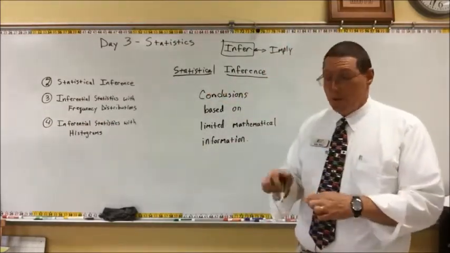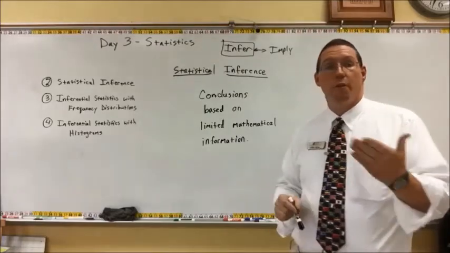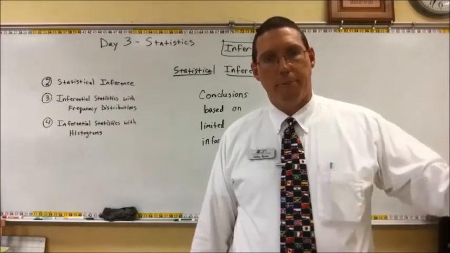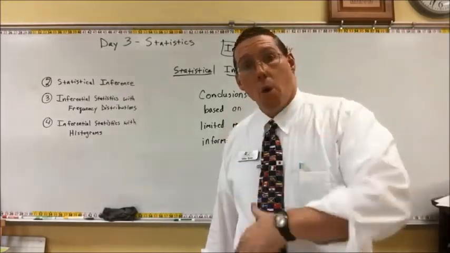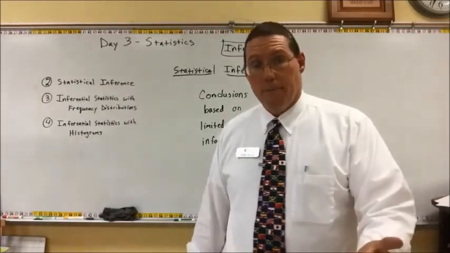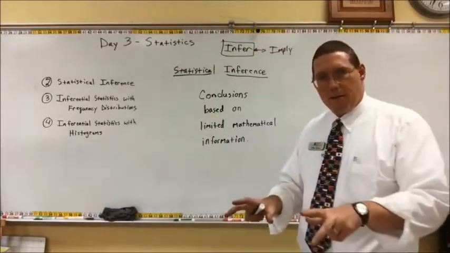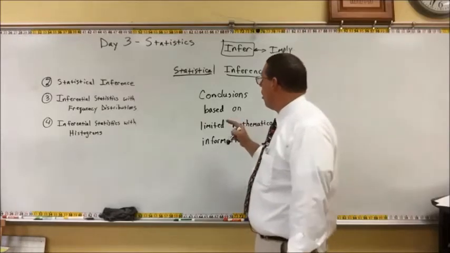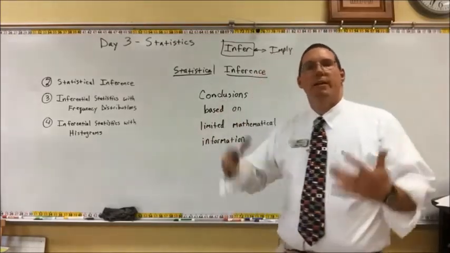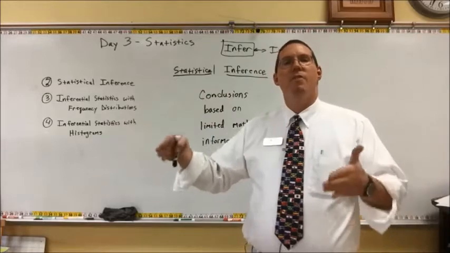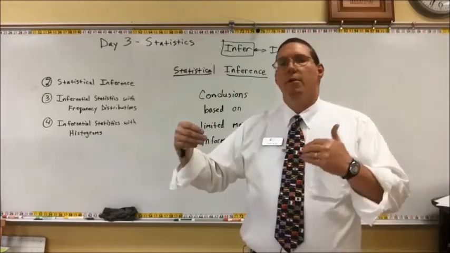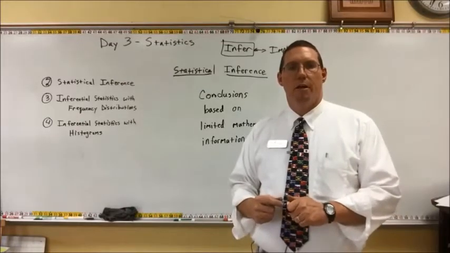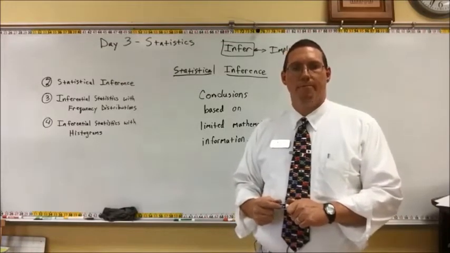And so now what we're going to do is I'm going to show you how you can use a frequency distribution, which you learned how to create last week or the other day, or a histogram, which you learned how to create, and you can take those tools, and you can use them to draw conclusions about an entire population, even though you only measured about 45 or 62 of the items from that population, okay?